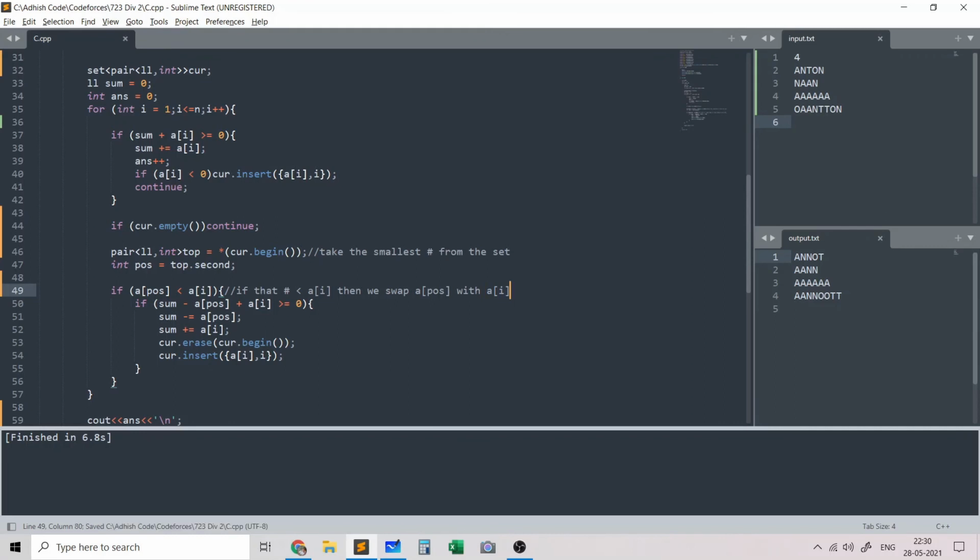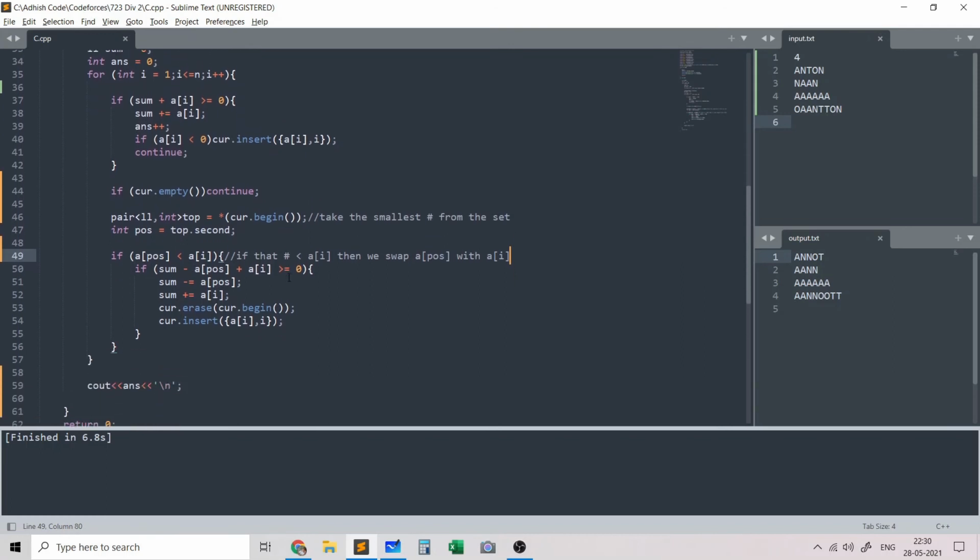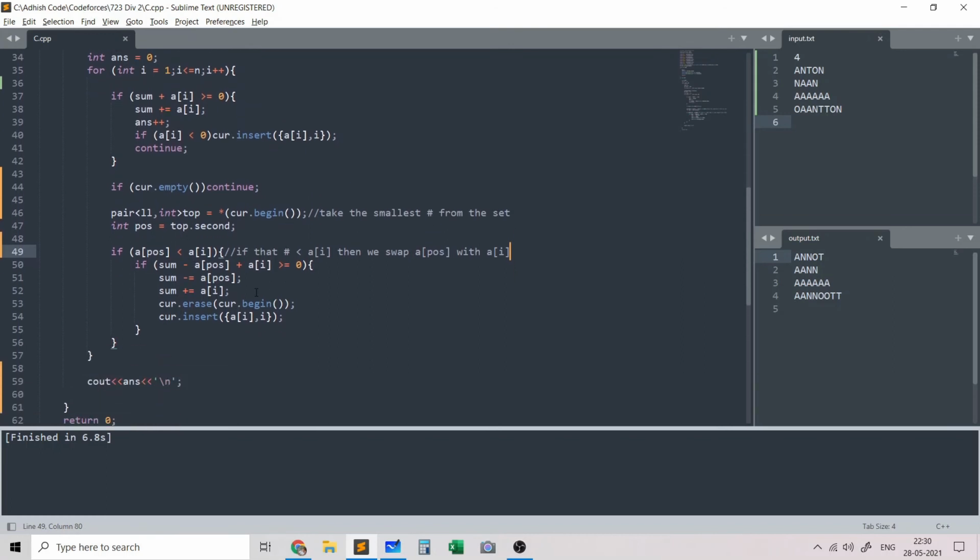So a of pos is basically the j which I used on the whiteboard, and I have not mentioned how we'll swap them. The way to swap them is that if the resulting sum is greater than or equal to 0, then we erase the pair which we just took from the set and insert the new pair.